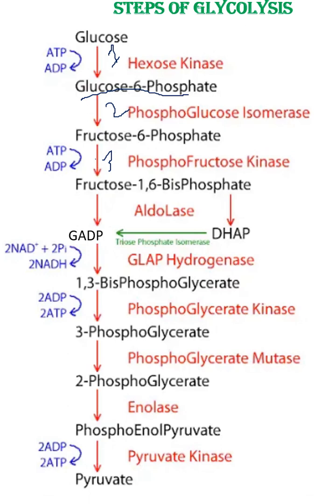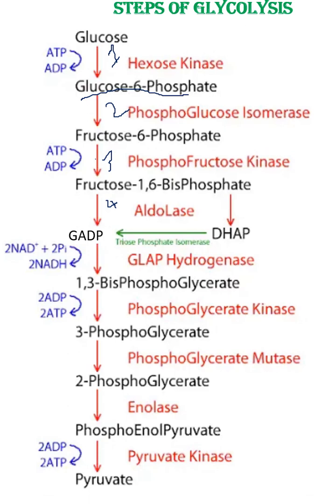Now here is the fourth step, the cleavage step. So now the fructose 1,6-bisphosphate molecule is ready to be cleaved into two smaller ones, GADP and DHAP.